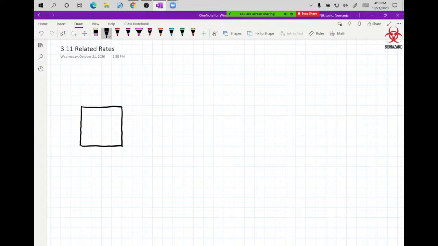So I'm just going to show the expansion over here in blue and say let's make this square a little bit bigger. There we go. So now, what happened with all of the measurements that we have?